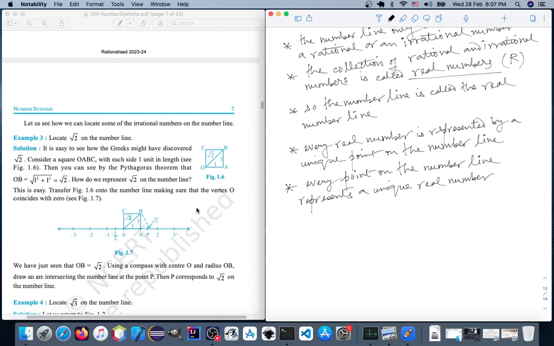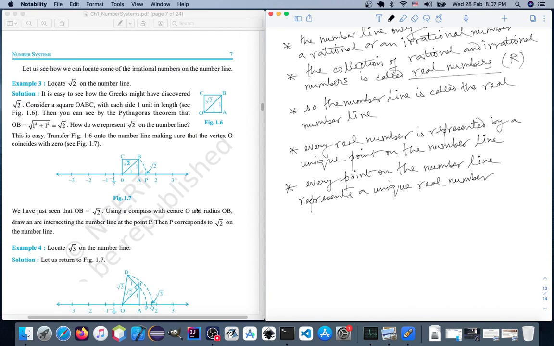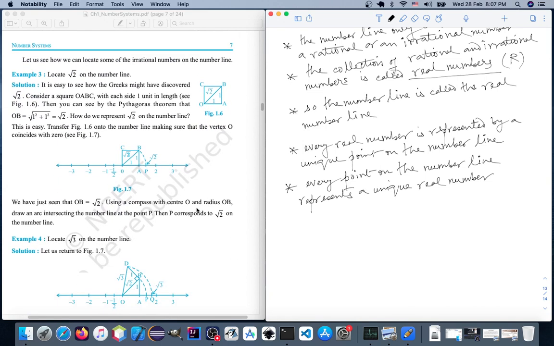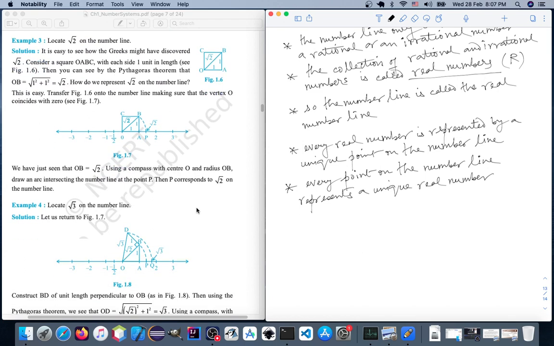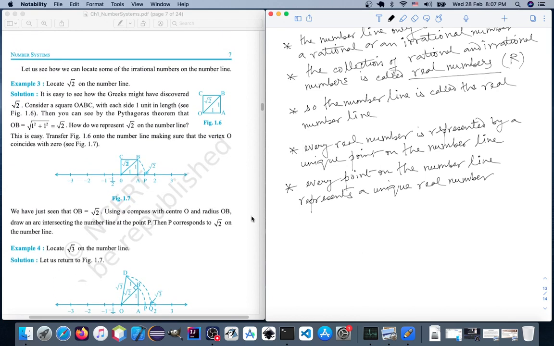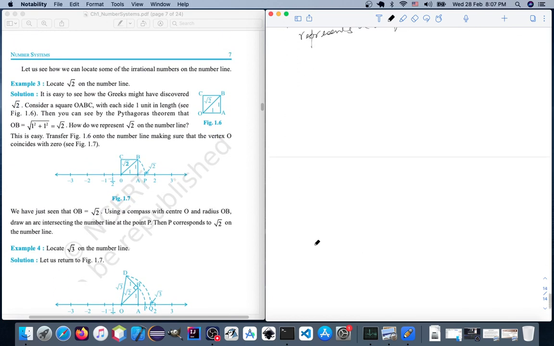So now it discusses how we locate an irrational number on the number line.